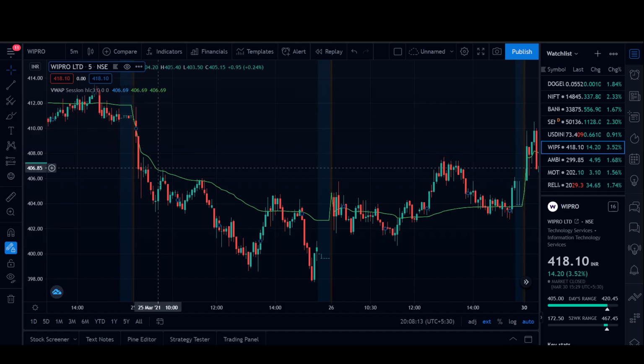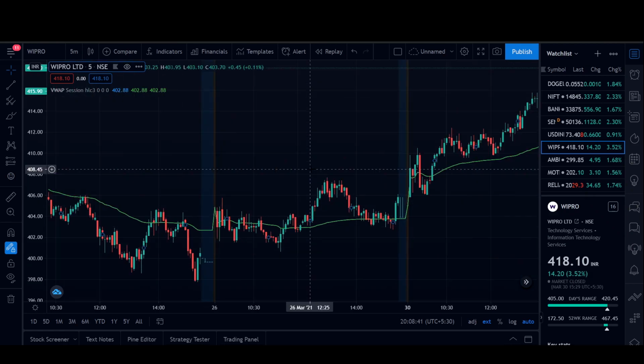The stock price touched the VWAP once and fell down, a strong bearish reversal, and again a strong bearish reversal. It gave a fake out, a false breakout, and then it fell again. So the VWAP provides strong support and resistance to stocks.